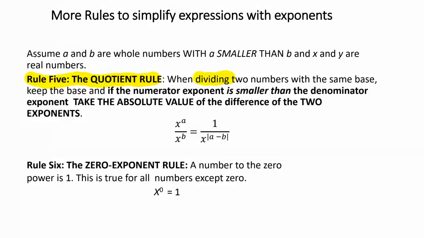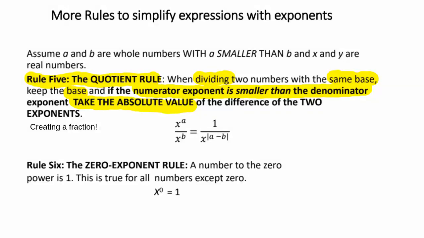When dividing two numbers, and again, same base, we're going to keep the base, but if the numerator exponent is smaller than the denominator, you are going to take the absolute value of the difference, and then you're going to create a fraction. Okay. Now, let me show you.